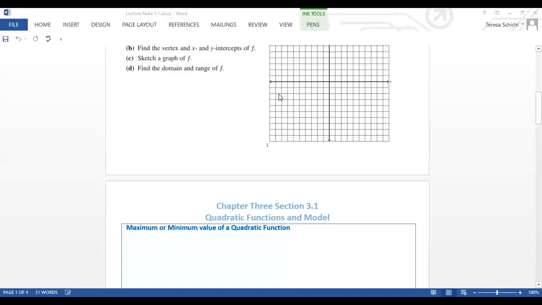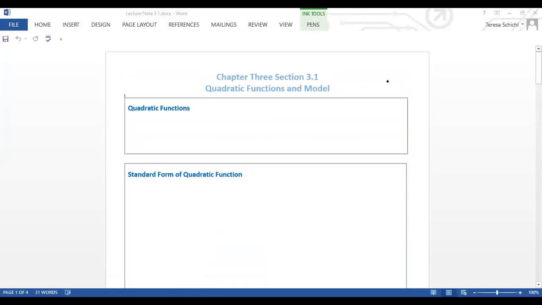Okay, so the quadratic functions. Like we said, in this chapter we are talking about polynomials, right? And the quadratic is a very special polynomial function.